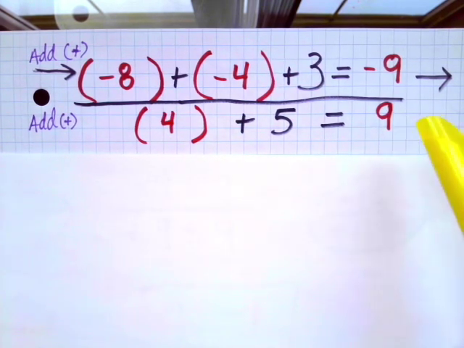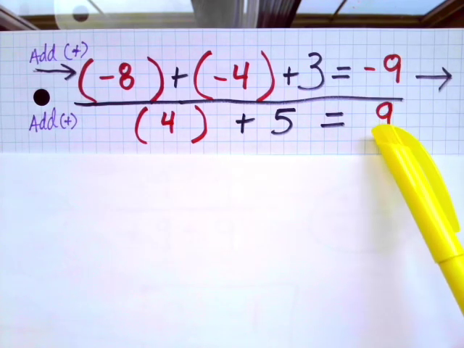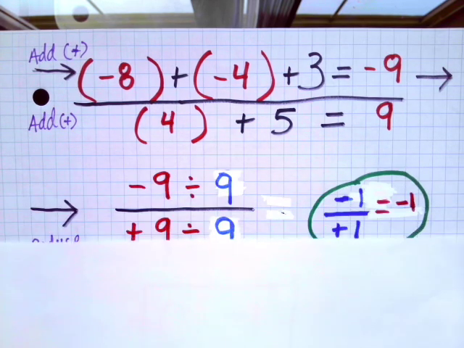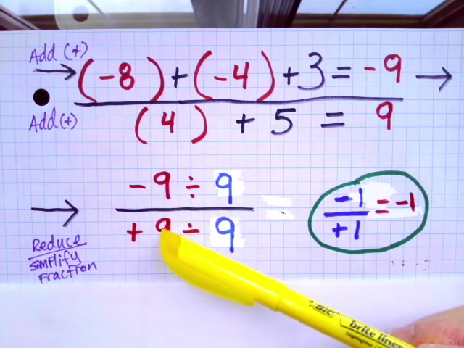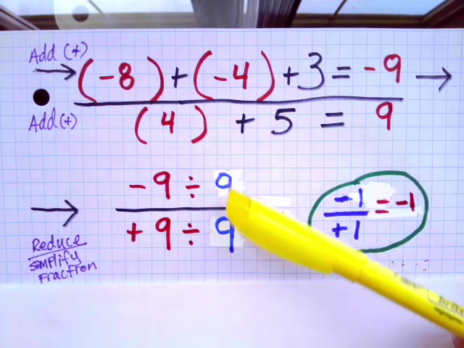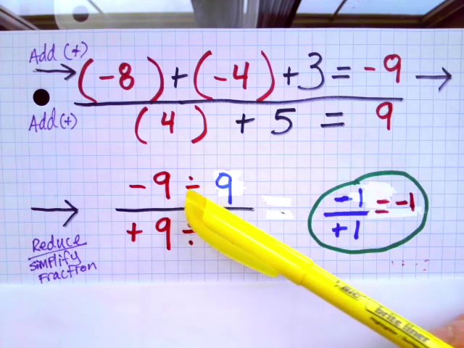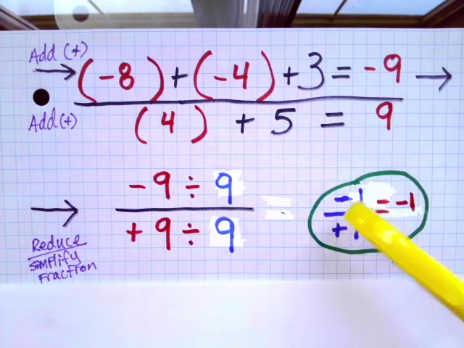I'm not quite done here. I have a negative 9 over a positive 9. And anytime you have a fraction, you need to try to reduce or simplify that fraction in that term. So here I know a negative 9 and a positive 9 both can be divided by a positive 9. Negative 9 divided by a positive 9 is a negative 1.